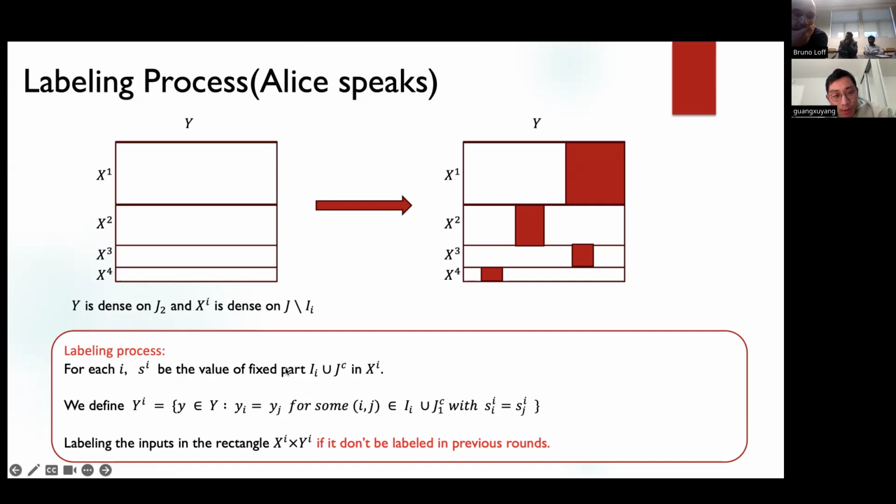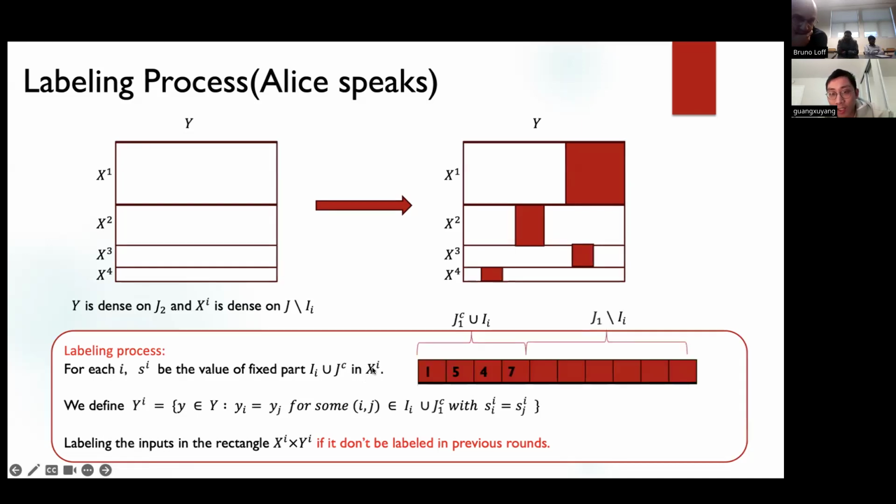This is the big picture: this is xi, this is the value of the fixed part, and this is the unfixed part of xi. So we define yi to be the set of y equal to yj for some ij in the fixed part on Alice's side. Y is Bob's input.